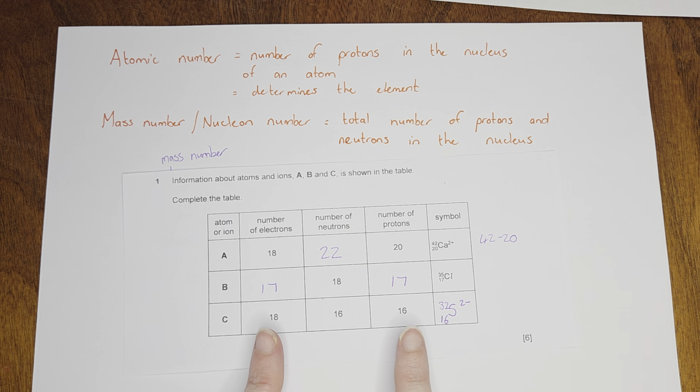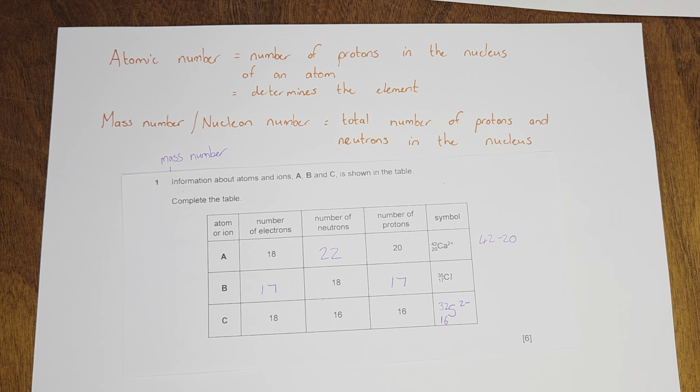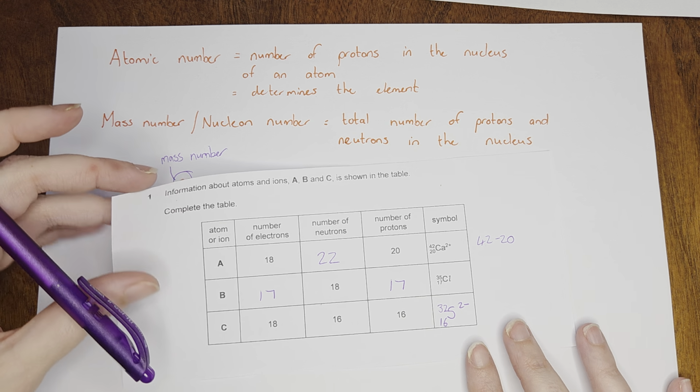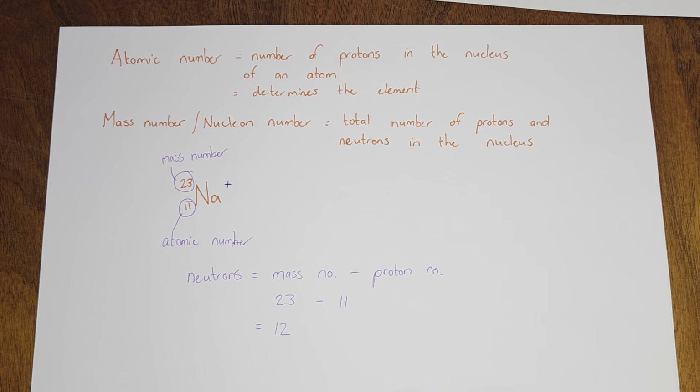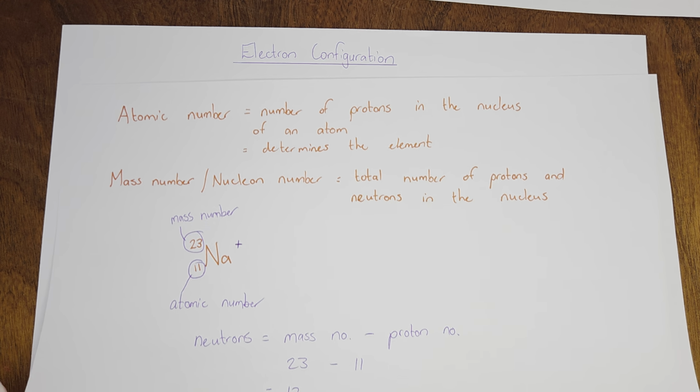You always just have to look: is the electron number higher, then it's minus, or if the electron number is lower, then it's plus. Okay, so those are the types of questions that you would get to fill in for our atomic numbers and mass numbers based on our symbols from our periodic table. But they could also ask you to fill in the electron configuration.